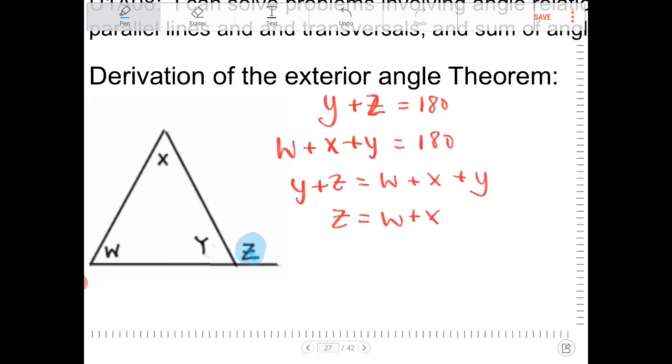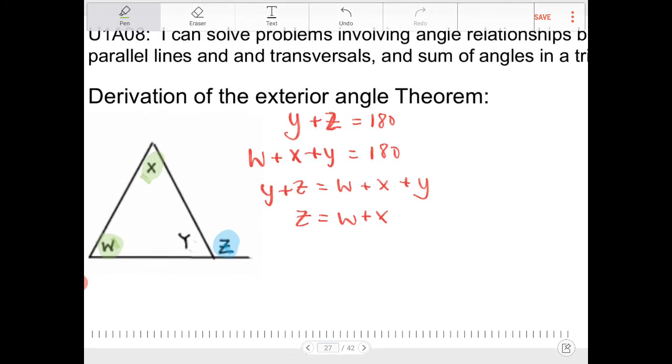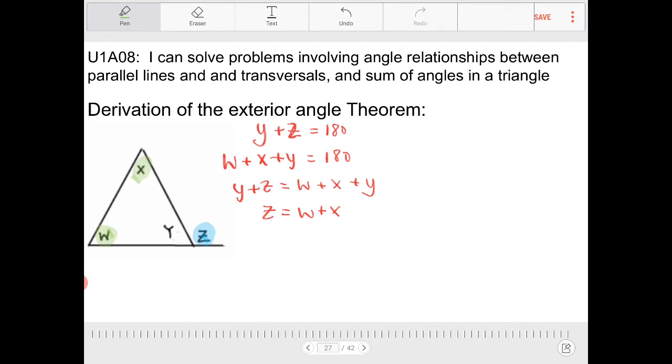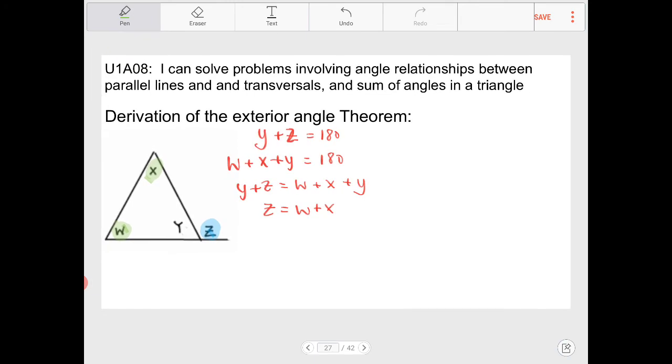This exterior angle is going to equal the sum of which two angles? The two interior angles that are not adjacent to the exterior one. So those two angles will add to that exterior angle. This is the exterior angle theorem.